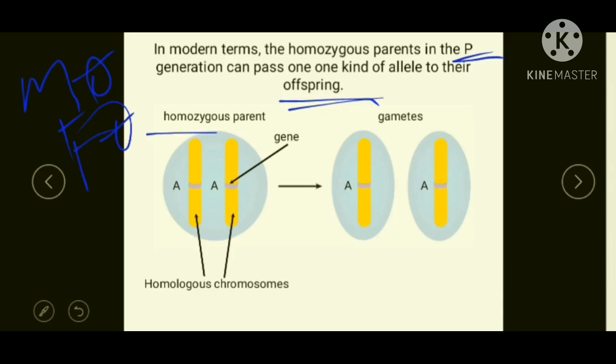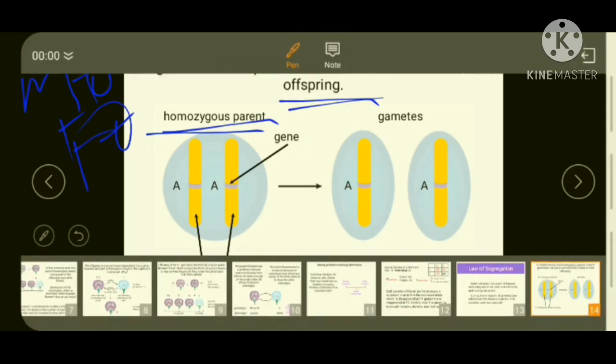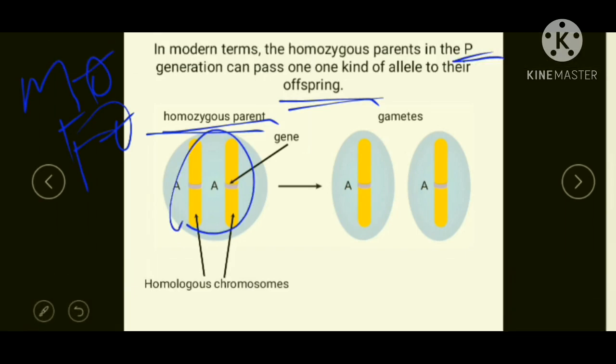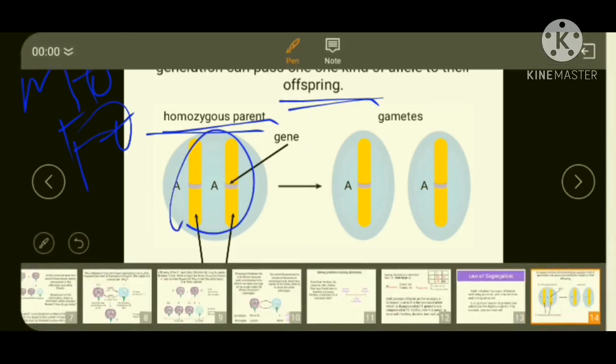Here there are homozygous parents, which means they are true breeding. Here are the homologous chromosomes, and there are a locus and a gene here.